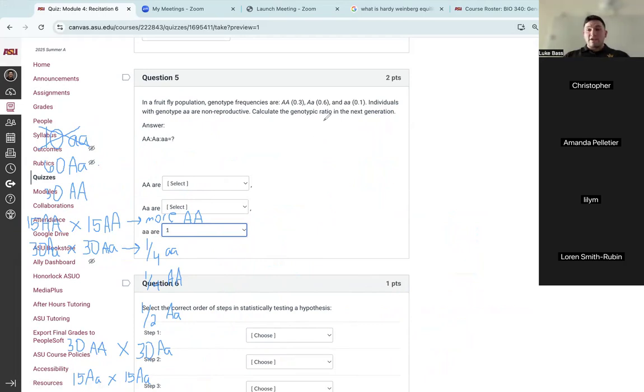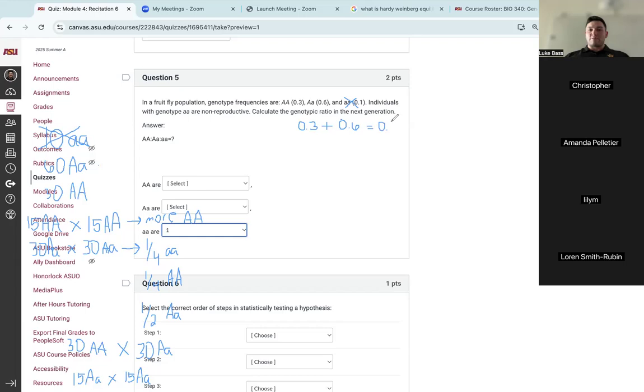So the way you can start with this question is that obviously your heterozygous recessive individuals, little a, are not going to reproduce. So you don't have to factor in this percent of the population. What you're going to be left with is the 0.3 here from the homozygous dominant individuals, and the heterozygous individuals, ultimately giving you 0.9.